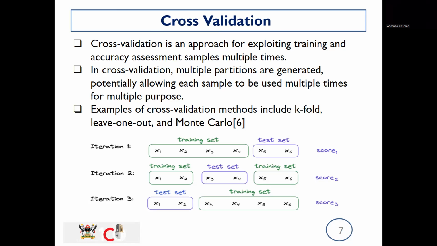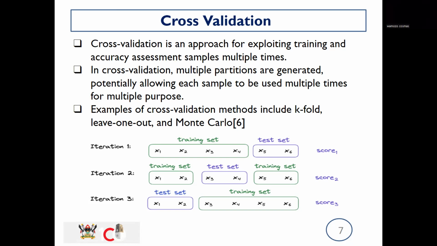And there are several methods of cross validation. There's the K-fold, leave one out, and then the Monte Carlo. But for this particular presentation, I'll go through the K-fold, whereby in this example we have 6 observations. With 6 observations, we can come up with three pairs.